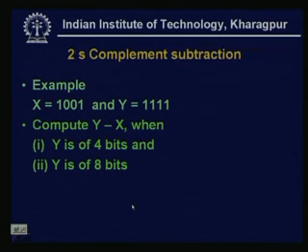Now, we take another example. Say x is 1001 and y is all 1s. Then compute y minus x when y is of 4 bits and when y is of 8 bits. So, first we take the simple one, y equal to 4 bits.